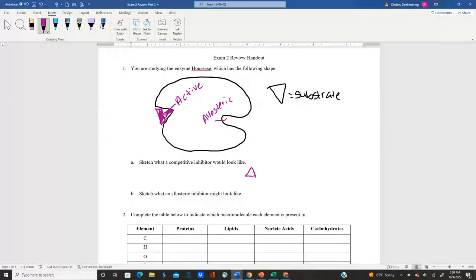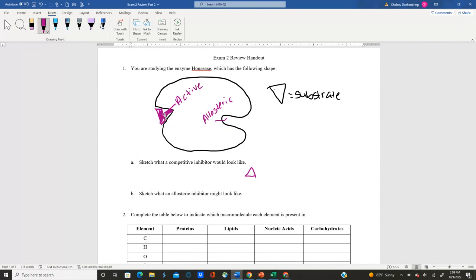With competitive inhibition, the inhibitor is competing with the substrate for the active site. As Jordan mentions, the inhibitor is physically blocking that active site, so the substrate cannot get in. If the substrate can't get in, the reaction can't happen.